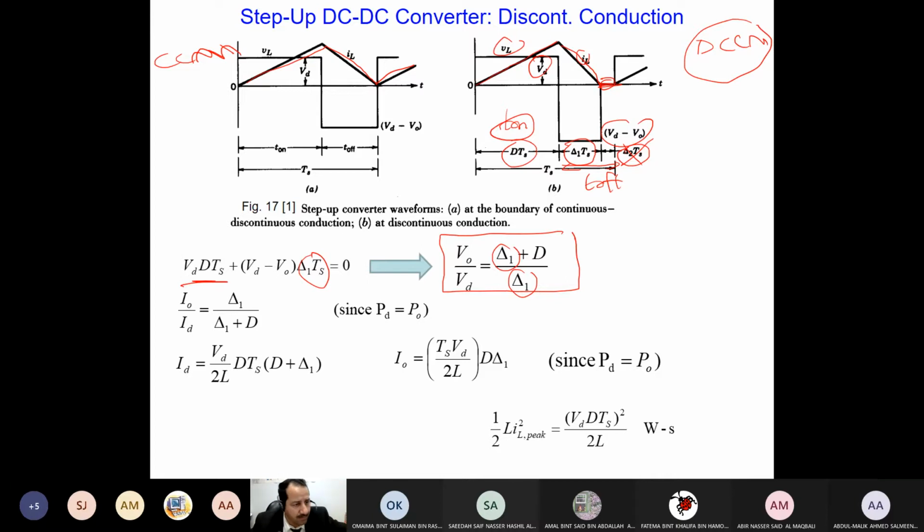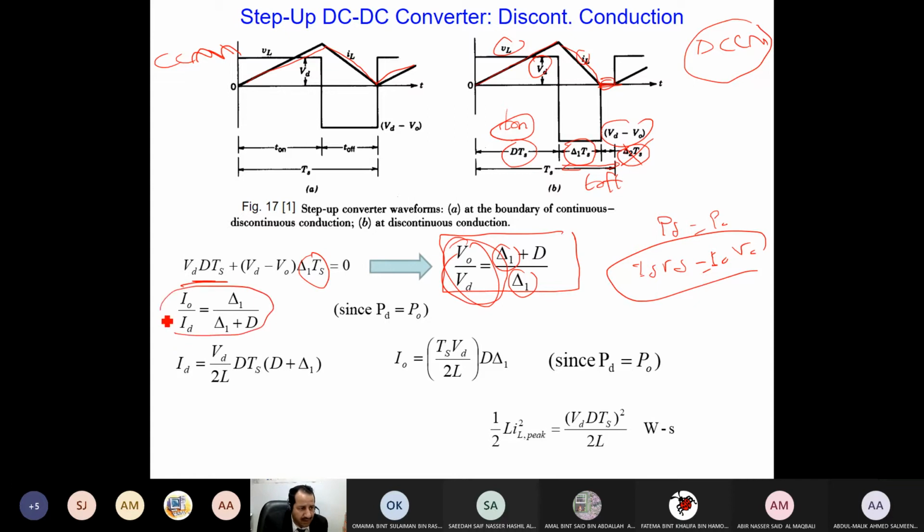Also we can find a formula for output current, because we know that PD equals PO, so ID VD equals IO VO. Rearrange and substitute for VO over VD, similar to the discussion of the buck converter. We come up with a formula for current relating input to output in this discontinuous conduction mode.